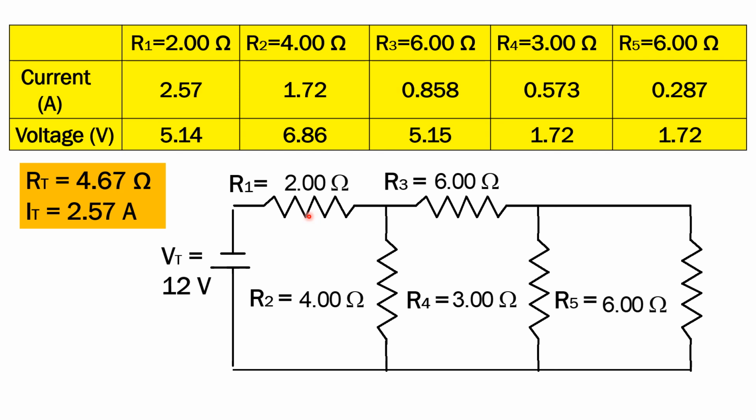So, I hope this method of determining the individual currents as well as the individual voltages for this kind of circuit, some people call this a circuit network, is clear.